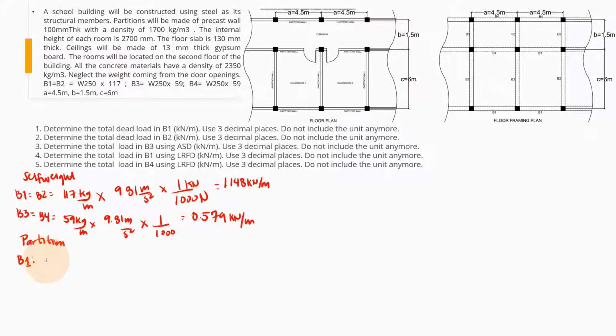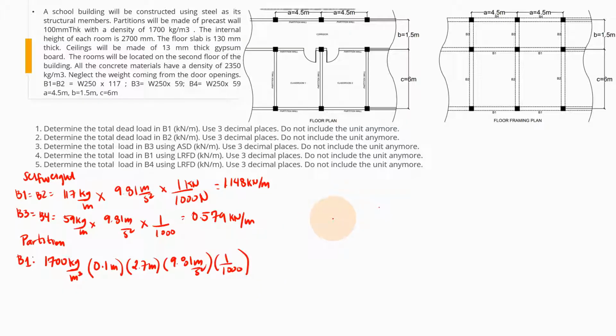So we have the density of the precast wall, which is 1,700 kg per cubic meter. We multiply it by the thickness, which is 0.1 meter, and then the internal height, which is 2.7 meters. So we have kilogram per meter. We multiply it by 9.81, and then divide it by 1,000 so we have kilonewton per meter.